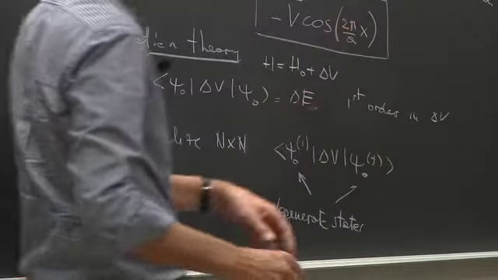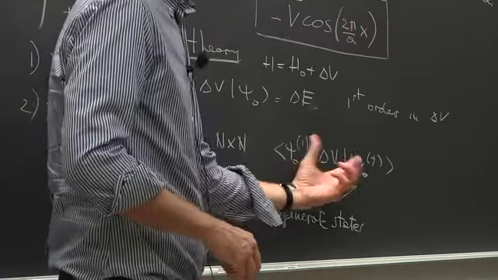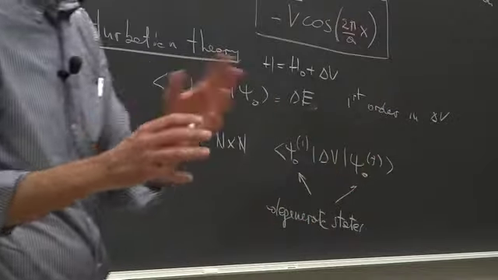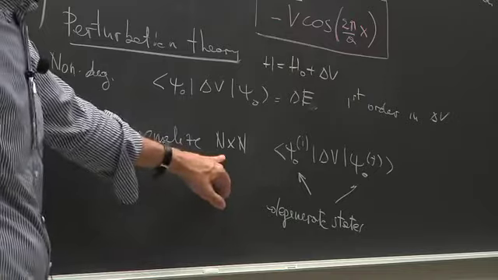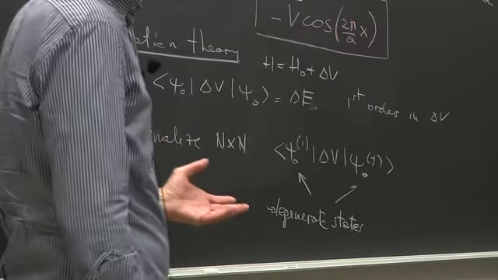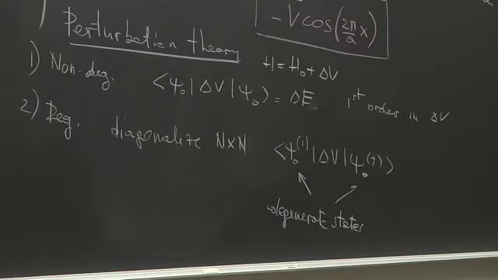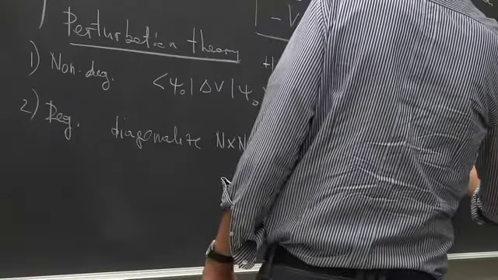You take all the states in the degeneracy in a manifold within a given degenerate manifold, so all states within the same energy. You construct the matrix of delta V with all the states. It's a finite matrix. It's n by n, n being the dimension of the degenerate manifold. And you diagonalize it. And you get the eigenvalues and eigenfunctions after the perturbation. To first order, of course. That's still to first order in perturbation theory.